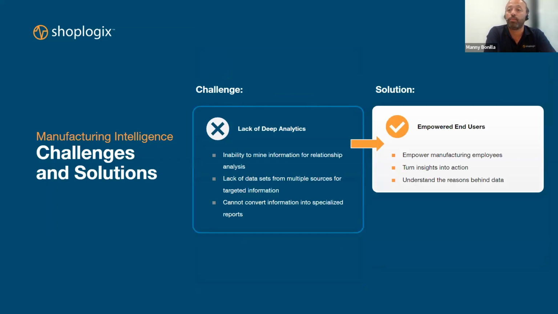It needs to be well maintained and really relies on someone who knows manufacturing to make sure that the databases are designed properly so that the correlations can happen quickly and easily, and don't require report design requests and change requests to the data to make sure that it's accurate. That's where Shoplogix really can come in with our expertise. We bring you your data, bring you your data insights, bring you your properly designed database, and get into deep analytics on all the data and the correlations across your entire platform of manufacturing.